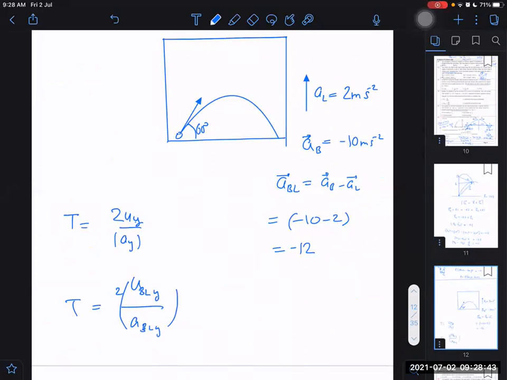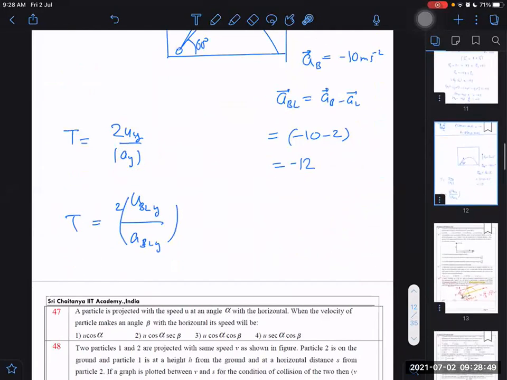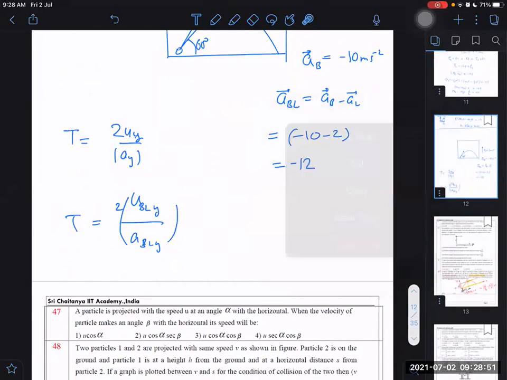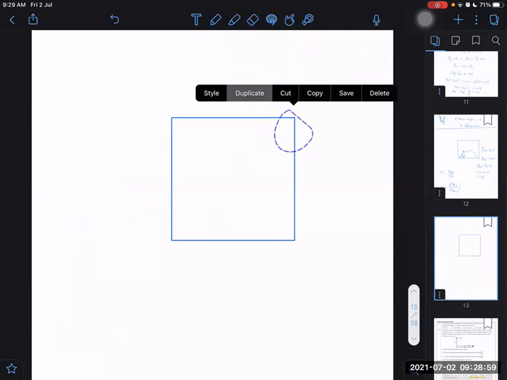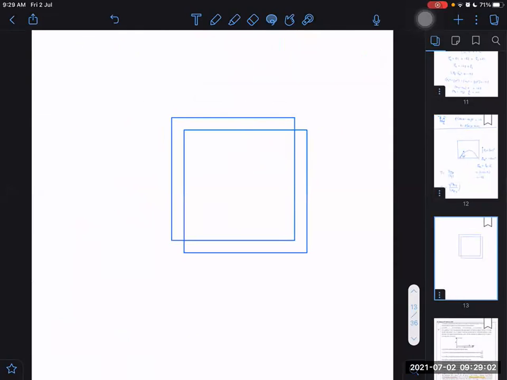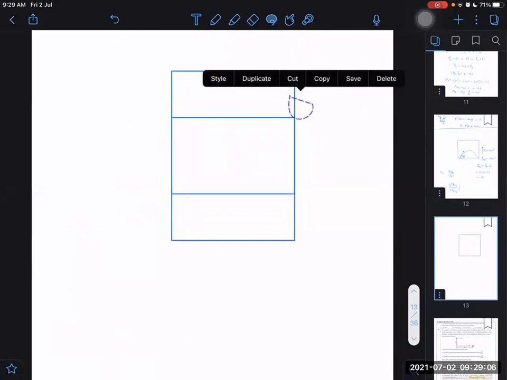Now you may ask me this question, sir: why are you taking it with respect to the lift? Why not in the ground frame? Let me give you a reason for that. Because the lift is moving upward when the ball is in the air. If the lift is here now, let me duplicate it and bring it above. This is what you see after some time.